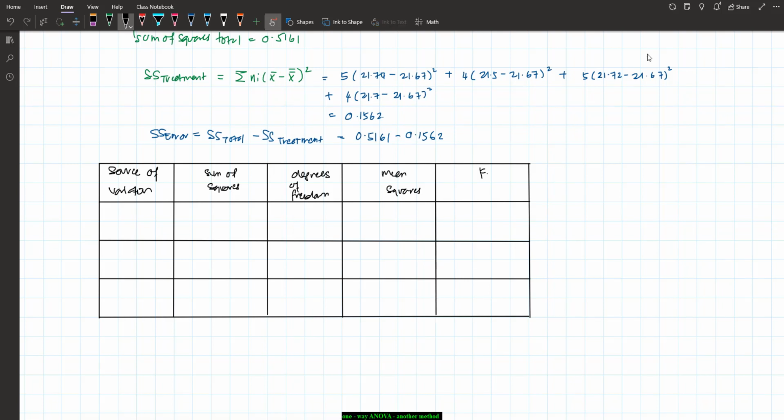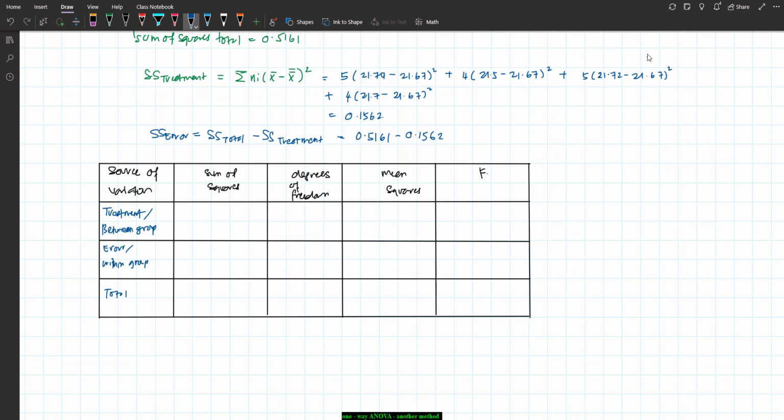For the first row we have treatment. Remember, treatment is also known as between group. Then we have error, which is also known as within group. And the last one is total.